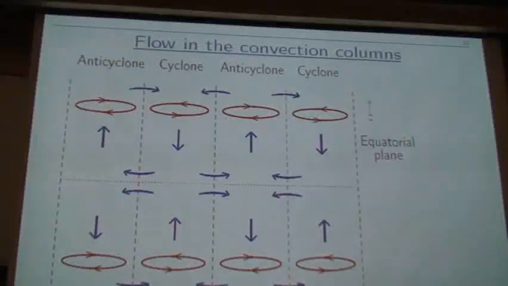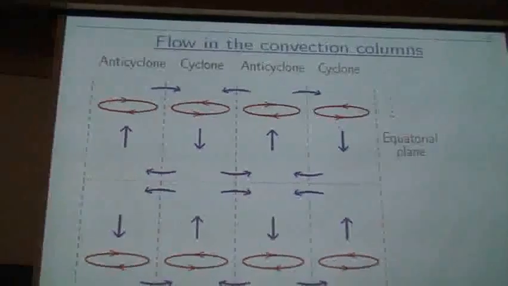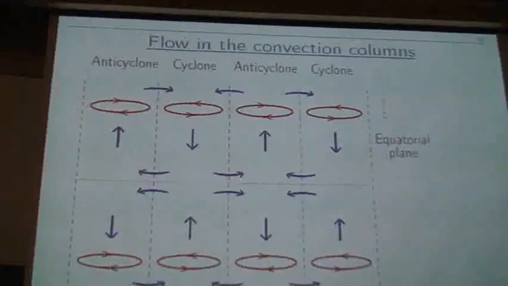Now, this is a bit of theory I haven't covered, and you'll just have to take it on trust. But when you have a rotating fluid hitting a boundary, it produces a velocity. It sucks fluid actually into the boundary, and then it moves it around and spits it out. That flow is in phase with the vorticity.